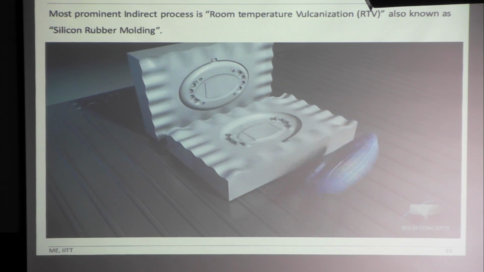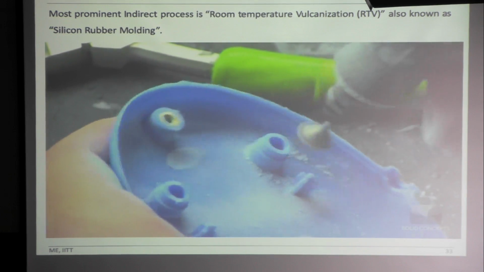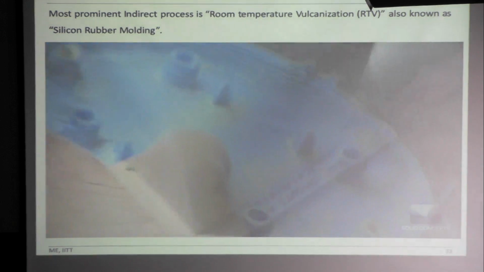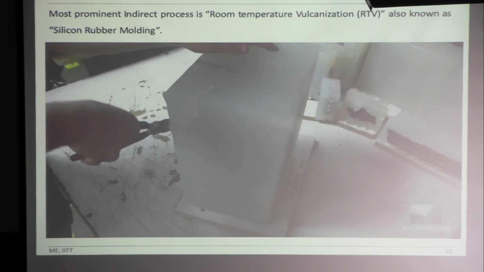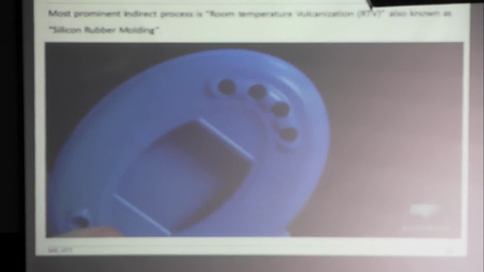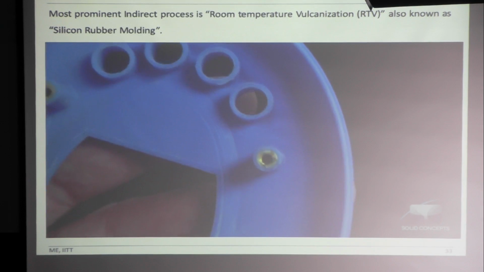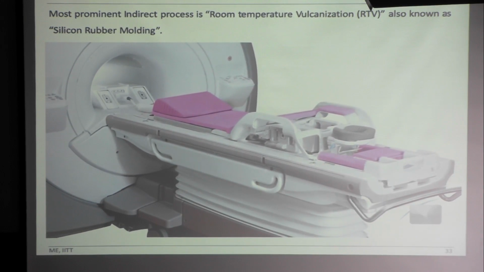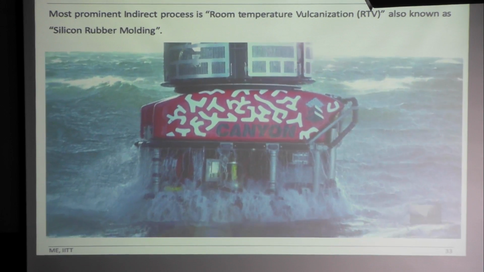So this is a component, a copied component from the master pattern with the required properties, for example different colors. This is an assembled component. However, we can use this silicon mold to manufacture only limited quantities, for example some 20 to 30 components before it starts breaking.